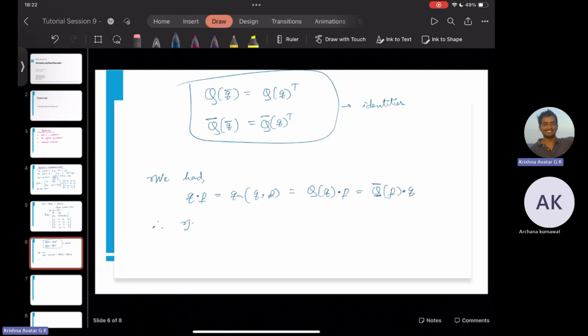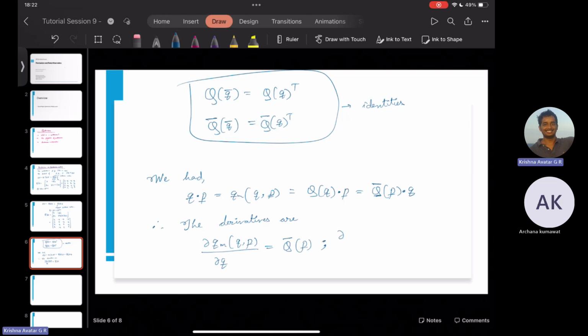So therefore, the derivatives are partial of qm with respect to small q is equal to q conjugate of p.